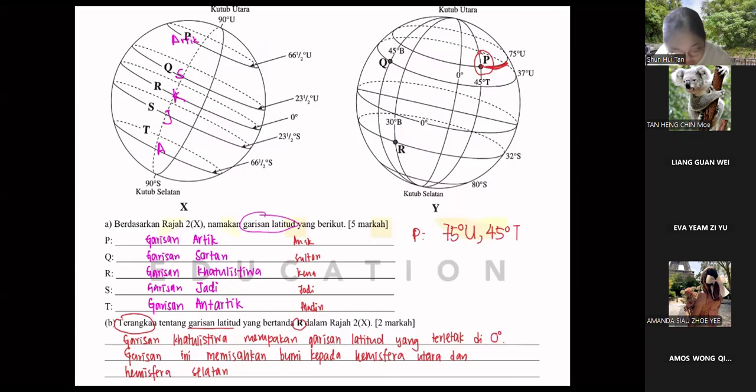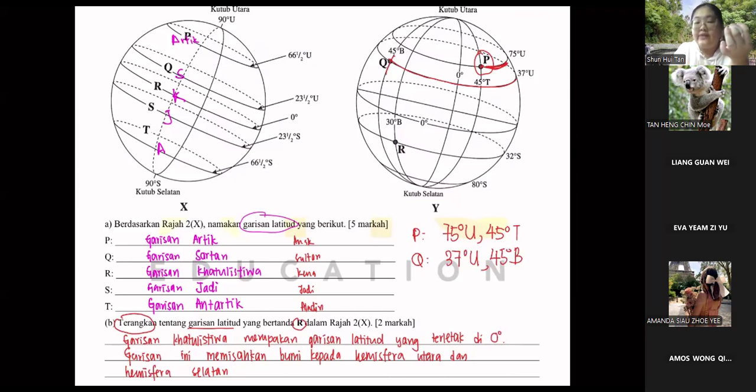Now, let's try one more. Can you tell me the location of Q? Same. Look at the horizontal first, which is 37 degrees. And then how about the vertical? 45 B. Understand? It must be U or S first.